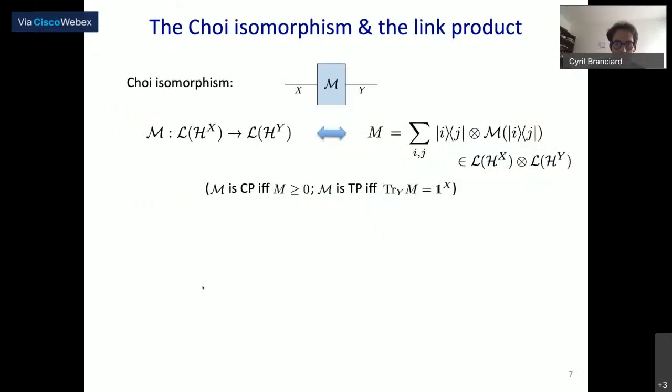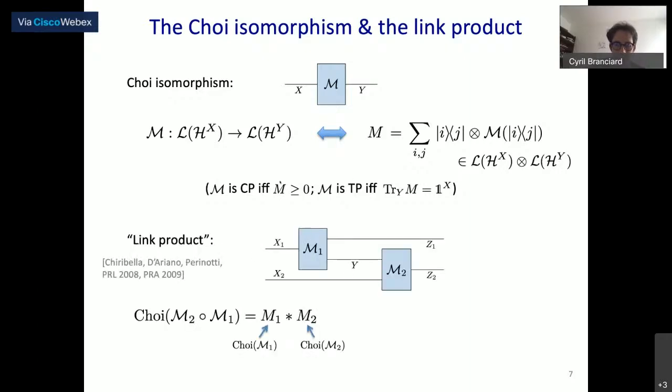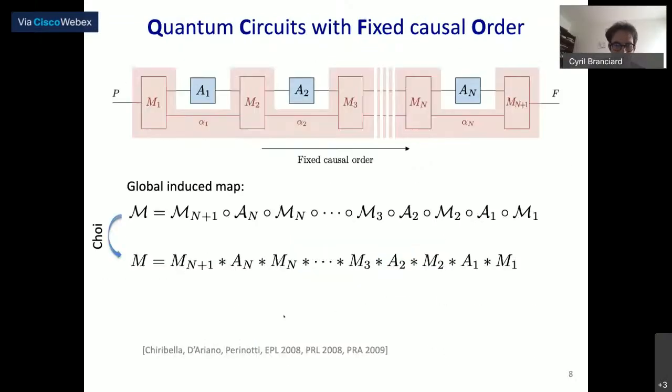We introduce the Choi isomorphism just to represent any CP map as a matrix, a positive semi-definite matrix. Then this composition of maps can be written in terms of a particular product on those matrices. I'll go fast.